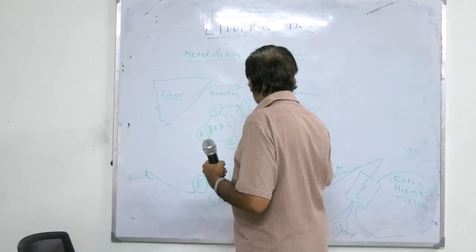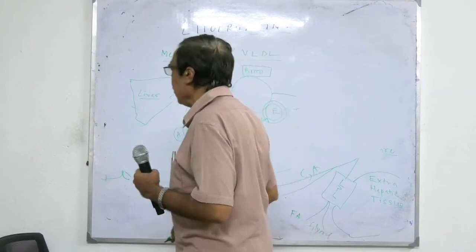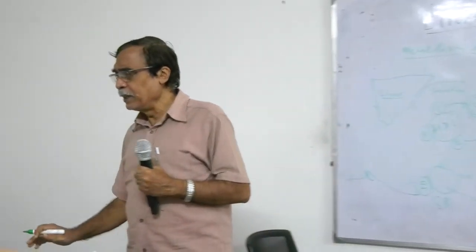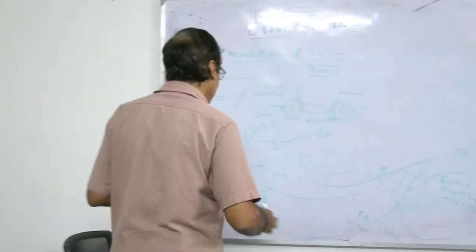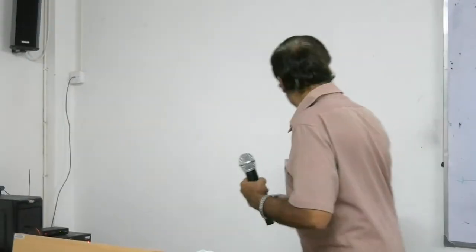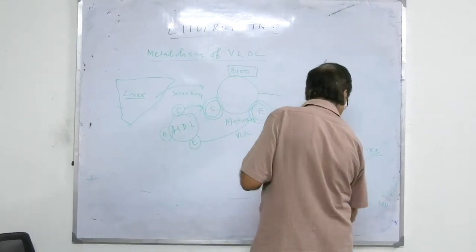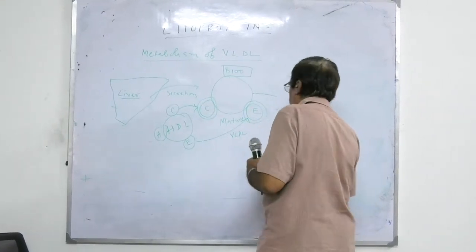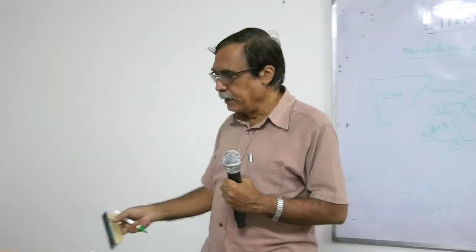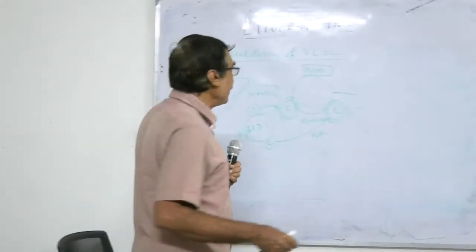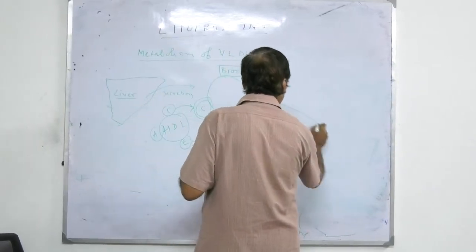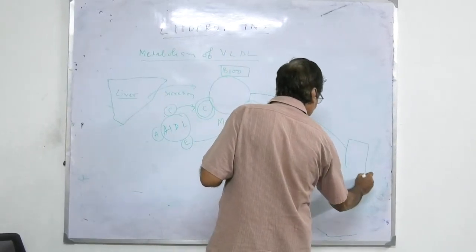Now the fate of the mature VLDL is the same as the chylomicron, that is, it is acted upon by the lipoprotein lipase. Similarly, এটাও তো ট্রাইগ্লিসাইড আছে, মেন লিপিড হচ্ছে ট্রাইগ্লিসাইড। Main lipid is a triglyceride, so it will be acted upon by the lipoprotein lipase, similar to chylomicron.